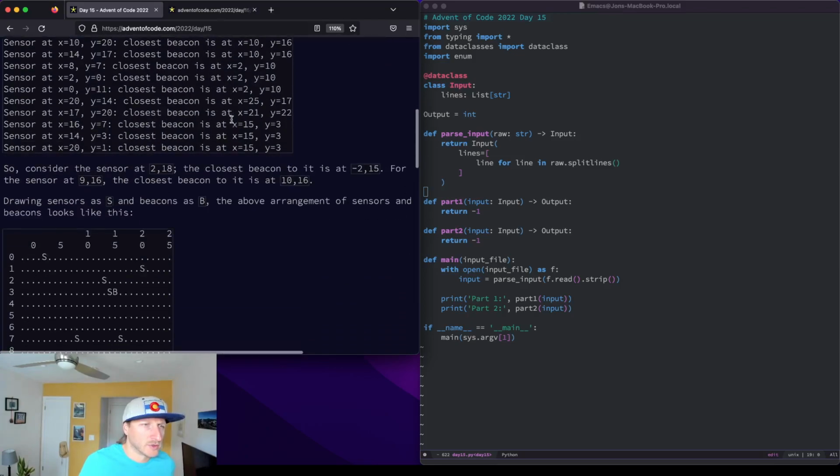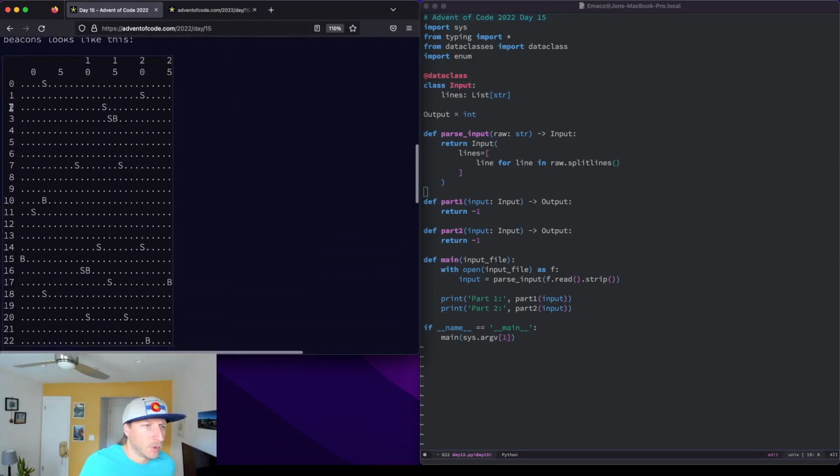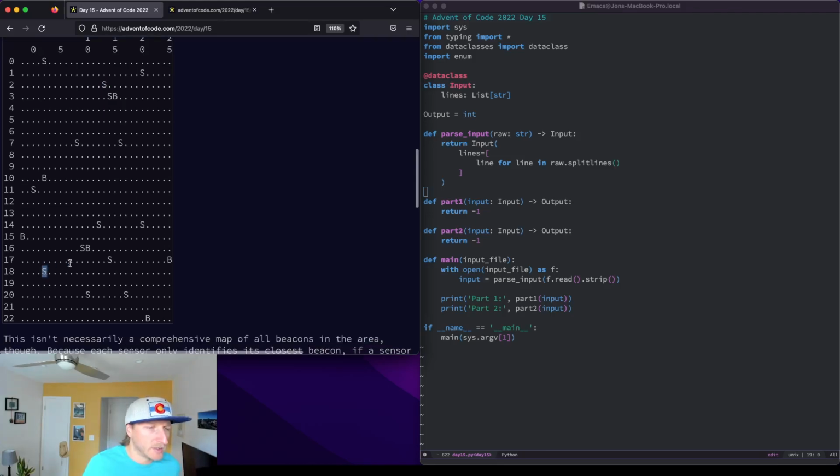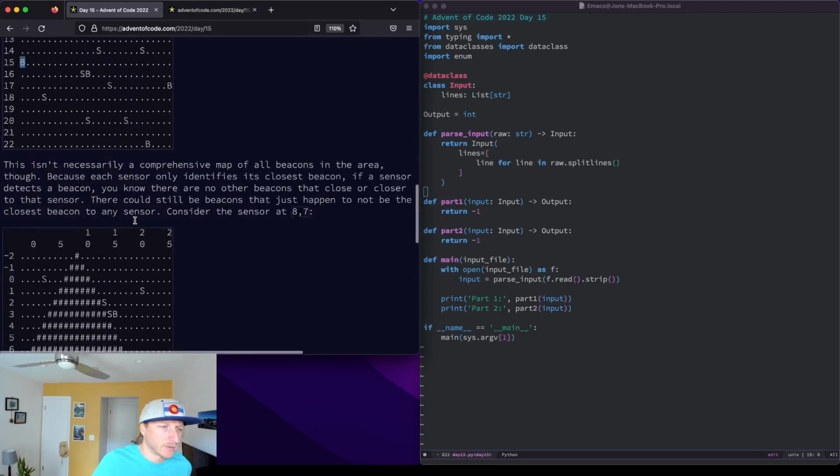So, yeah, where's the 2, 18, right? 1, 2, 18, or maybe it's 0 to 2, 18 here, and its closest beacon is negative 2, 15. Yeah, okay. All right, sure.